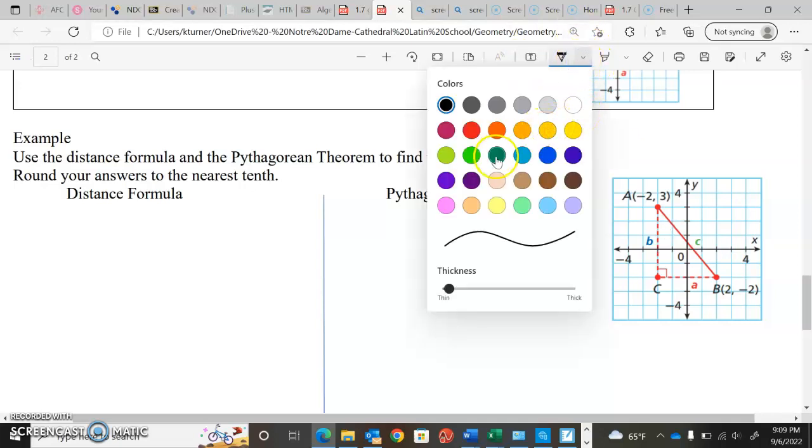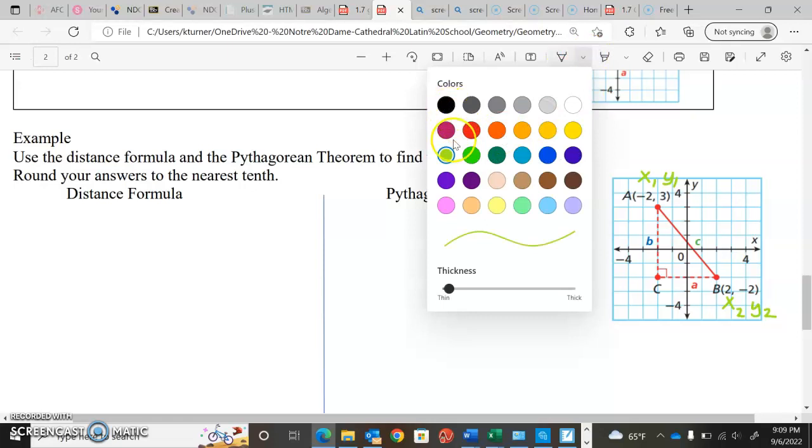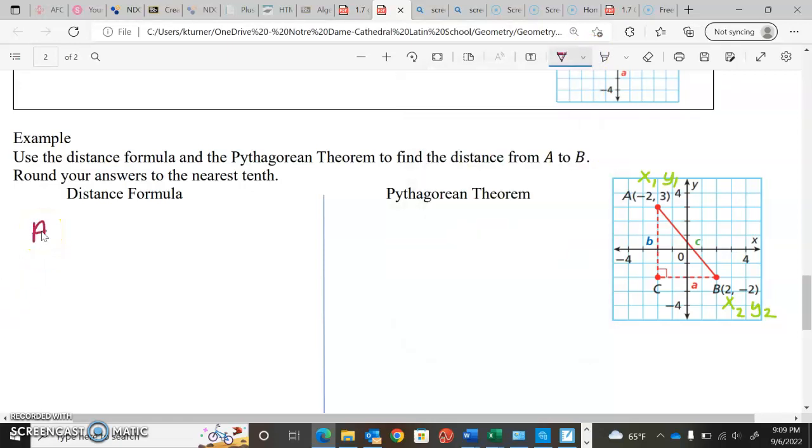So let's first just try the distance formula. So we have that our A is negative 2, 3. So that's going to be our x1, y1. And then our B is 2, negative 2. So that's our x2, y2. All right, so then in our distance formula, from A to B, the distance is as follows.